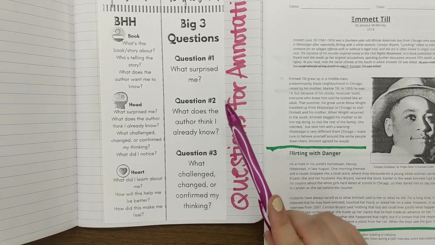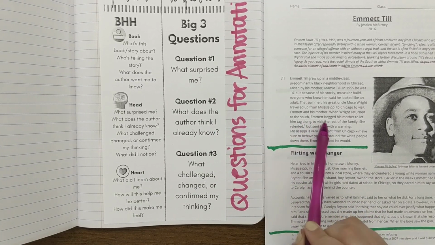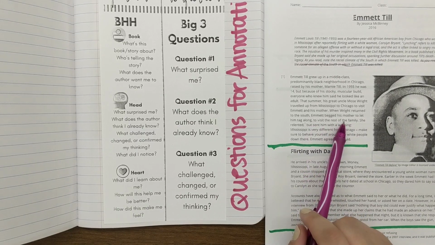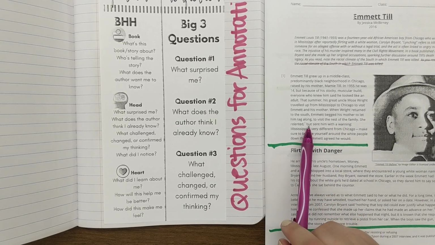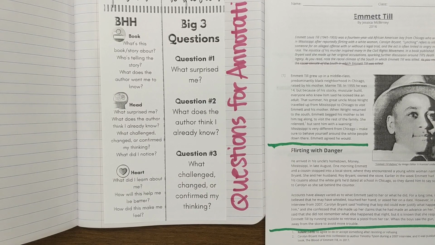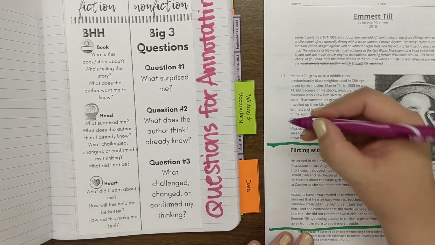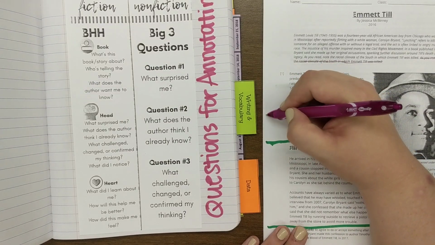I want to go with the question, what surprised me? And what really surprised me was whenever it said that he begged his mother to go back to the South, because I'm thinking, why would you want to go back to the South during the 1950s when racism is so prevalent there? So it surprised me, and I'll just put a little note out here.